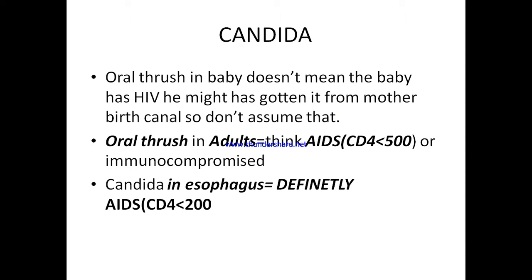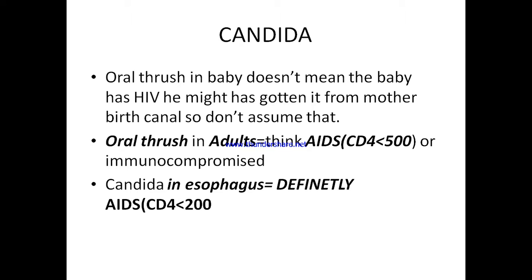So now these are the three main important points that I need to tell you guys. Oral thrush in a baby does not mean that the baby has HIV. He might have gotten it from the mother's birth canal, so don't assume that the patient has HIV unless they tell you that the mother had a history of human immunodeficiency virus.